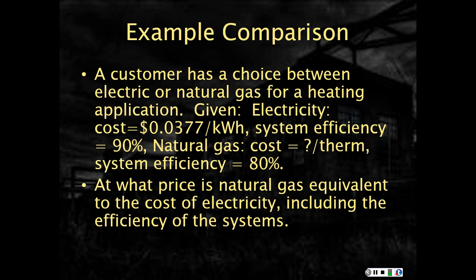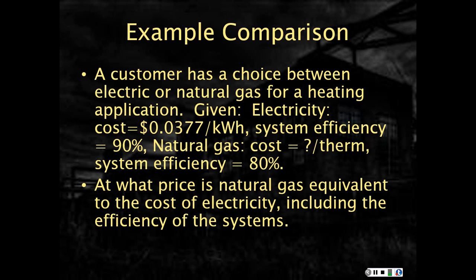So here's an example comparison. Customer has a choice between electrical or natural gas for a heating application. So the information that we're given is currently electricity costs about 3.77 cents per kWh. The system efficiency overall for this process that's using the electricity is about 90%.